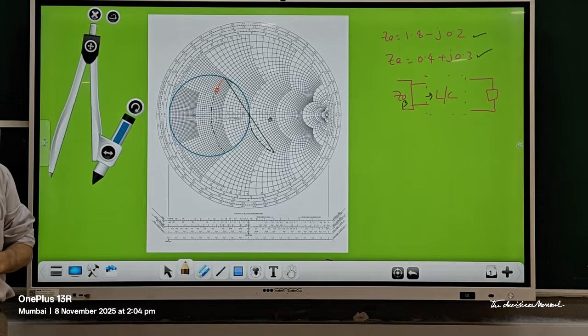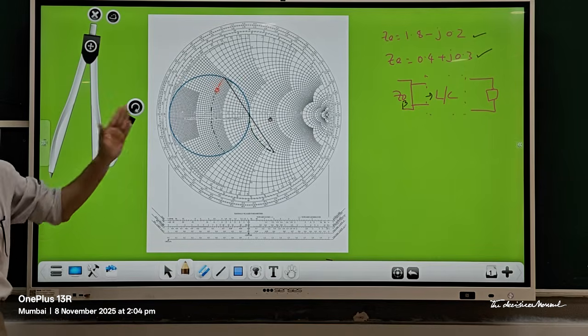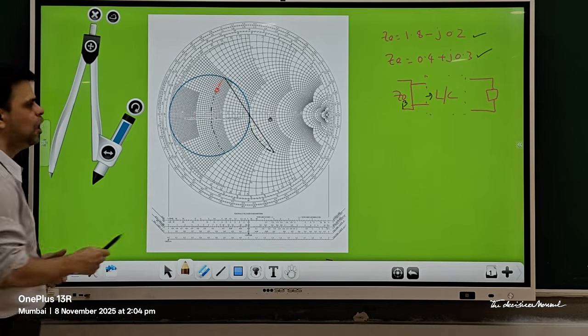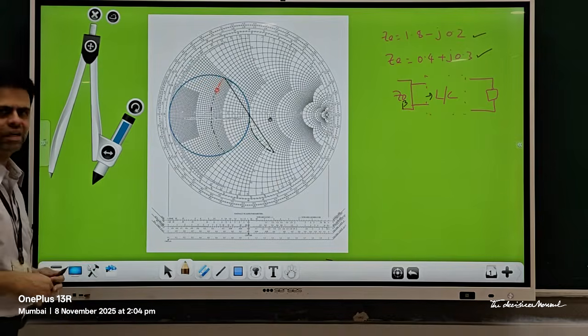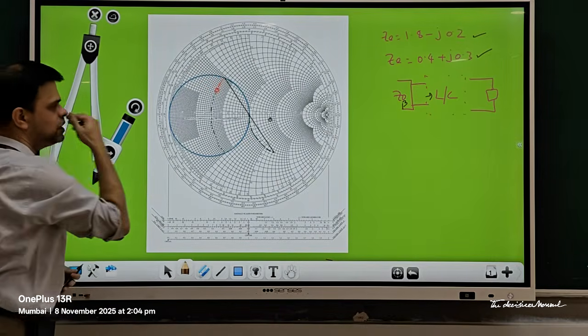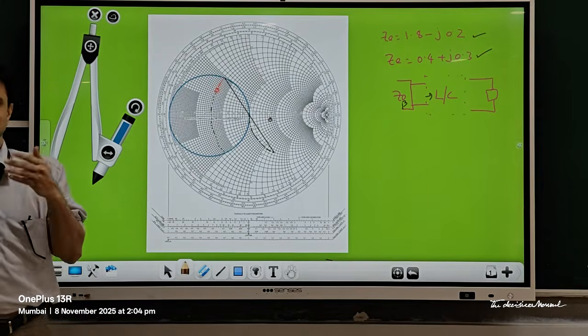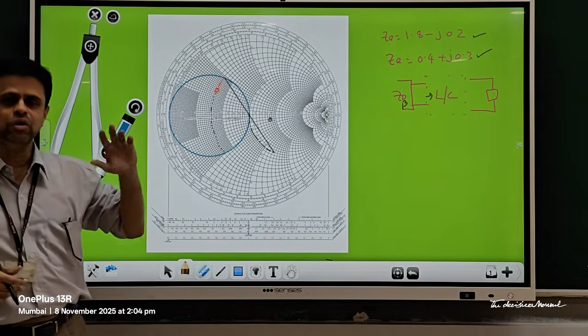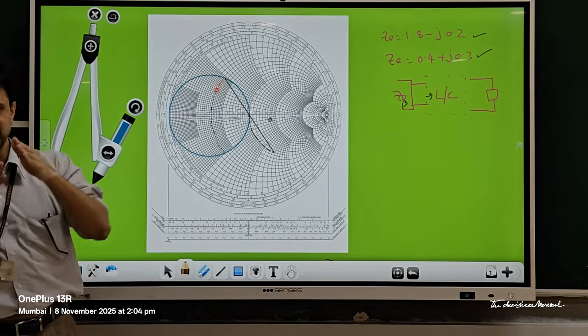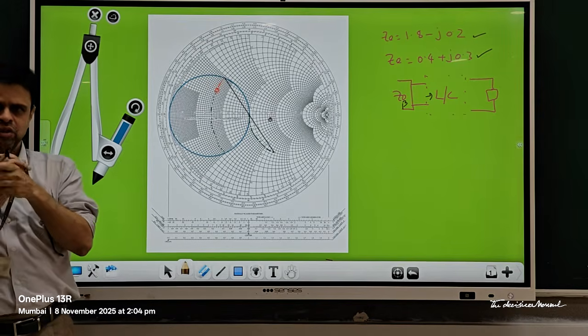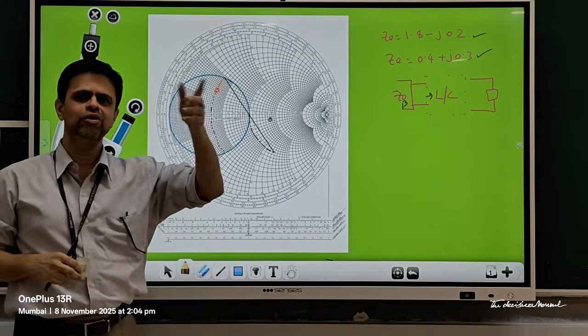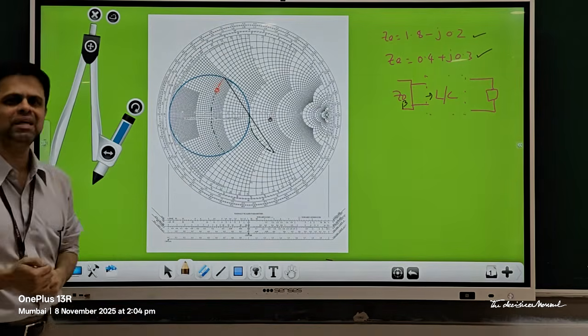So in this LC matching case, what we need to do always, along with this constant R1 circle, is draw the constant G1 circle on the Smith chart. Why? Because as I told you earlier, we are going to use the Z Smith chart as well as the Y Smith chart. So from that perspective, we are going to draw the G1 circle along with the R1 circle.